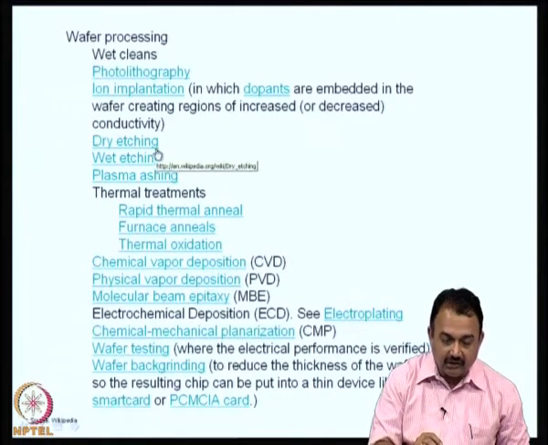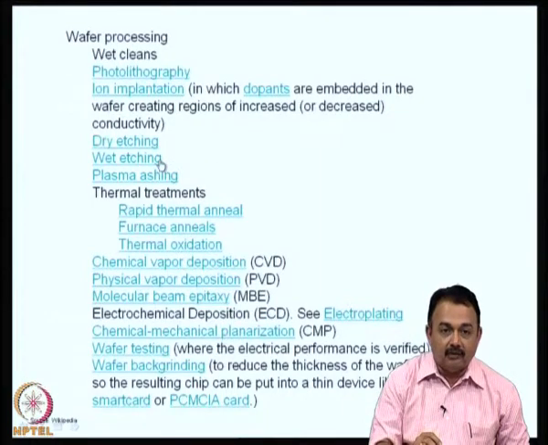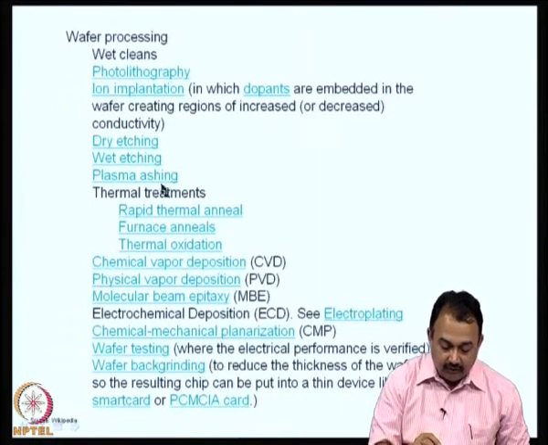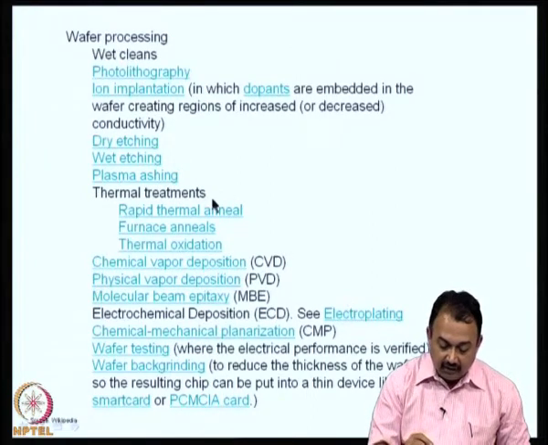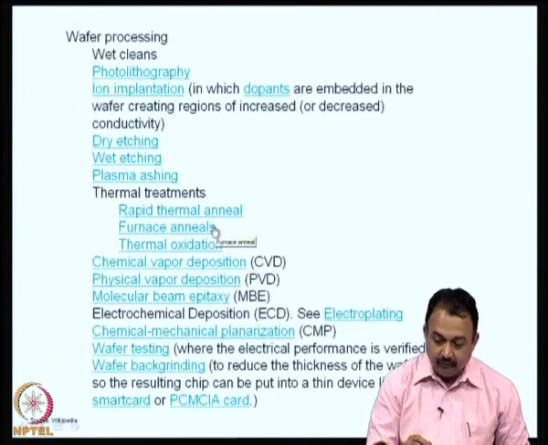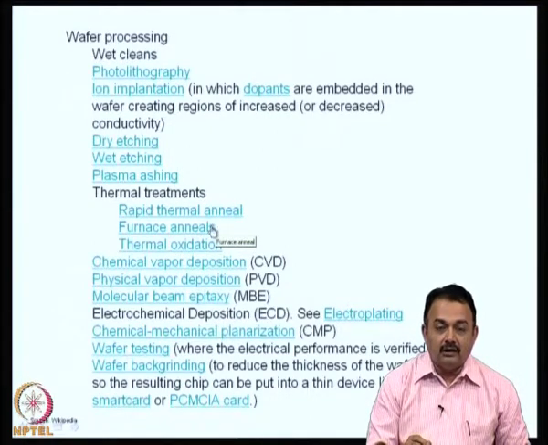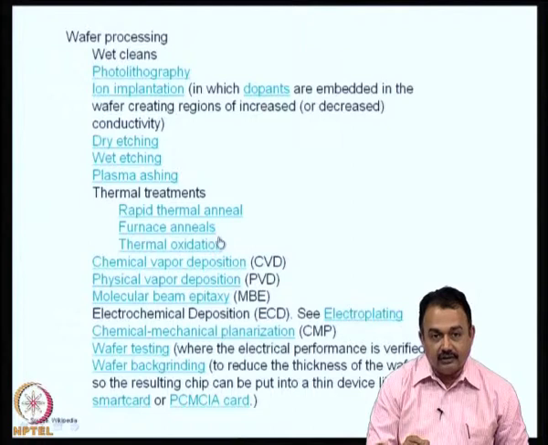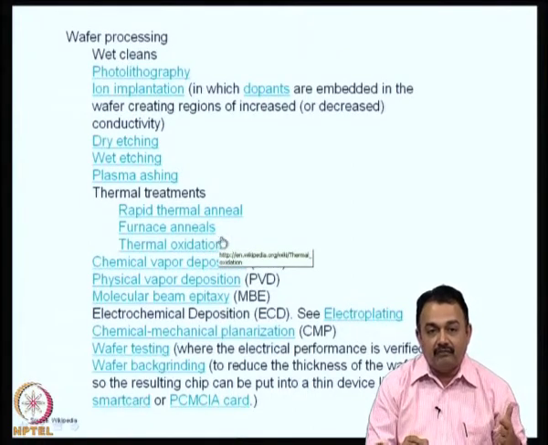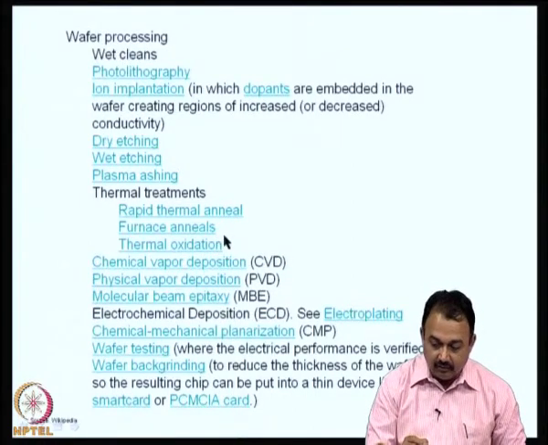Then you have dry etching or wet etching, depending upon what material you are using. You can also have plasma etching or plasma ashing. Then there are thermal treatments like annealing. As you know, annealing is a thermal process used to change the properties of the material. You can have rapid annealing or furnace annealing, and then thermal oxidation. All of these can be at different temperatures depending on the materials that you are using.